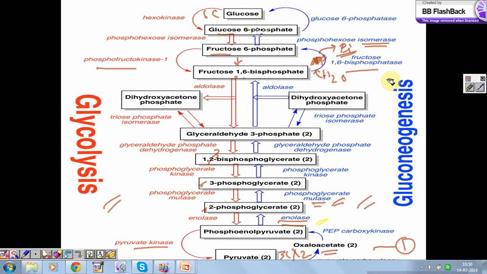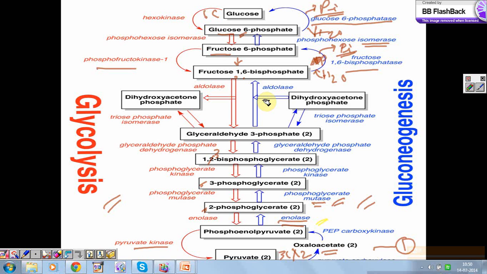And the last one is glucose 6-phosphate, which produces glucose with the help of glucose 6-phosphatase. Here it is another important step where the phosphate group on the 6th carbon position is hydrolyzed in the presence of a molecule of water, and this phosphate group is removed in the form of inorganic phosphate, and glucose is produced.